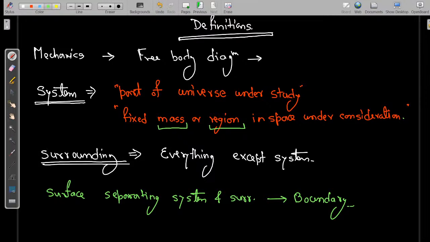Then the boundary is the surface which is separating system and surrounding. Okay.